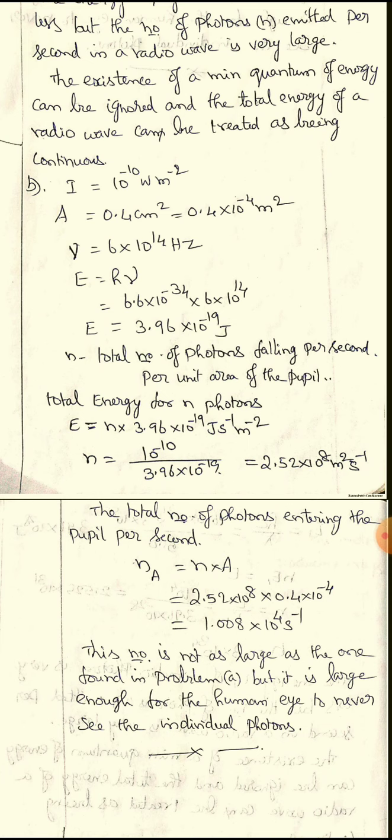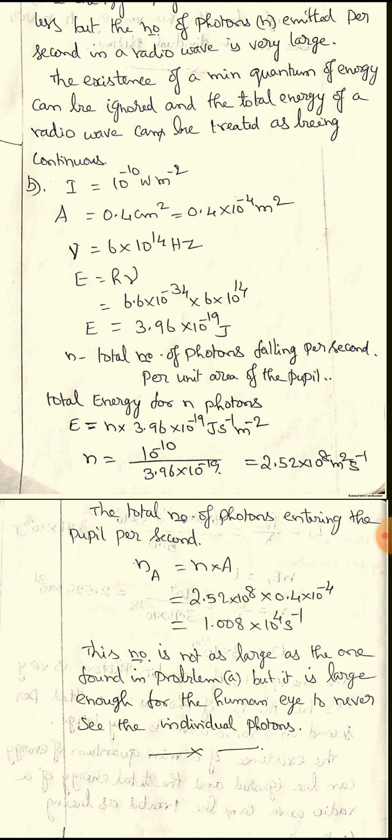The total energy for n photons will be E is equal to n into 3.96 into 10 to the power of minus 19 joule second inverse meter inverse squared. For the energy of n number of photons, multiply this value with n, so that it will be 10 to the power of minus 10. If you substitute the values, you will get the answer as 2.52 into 10 to the power of 8 meter squared second inverse.